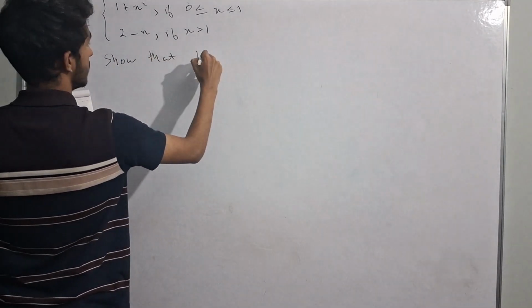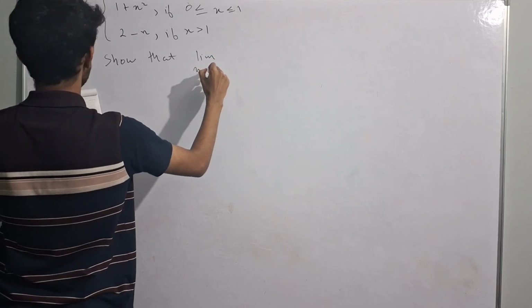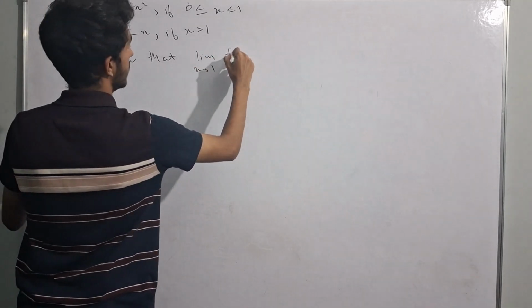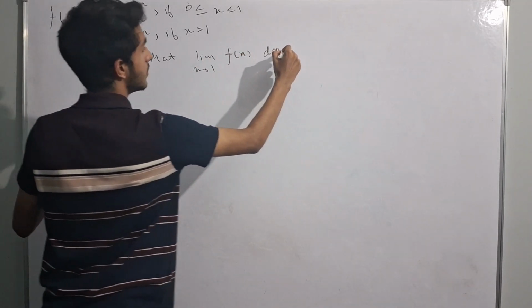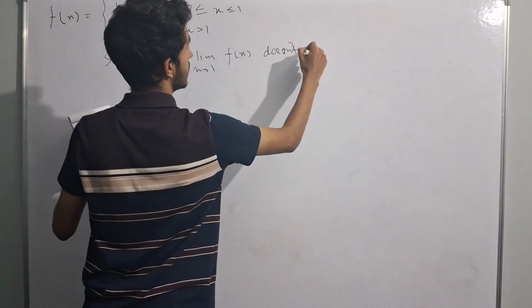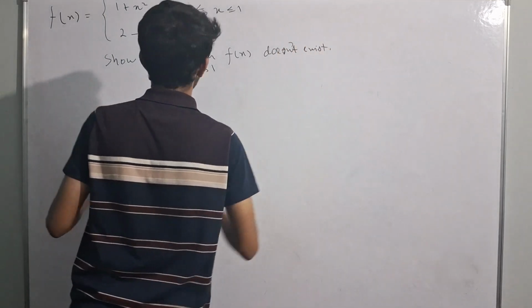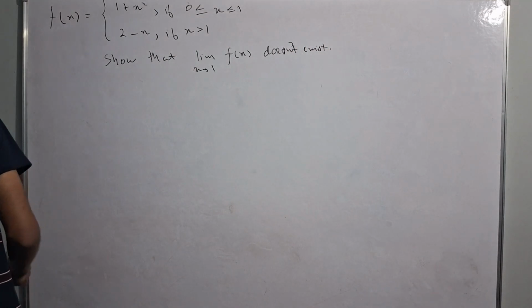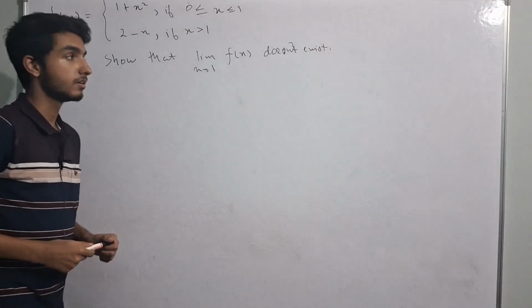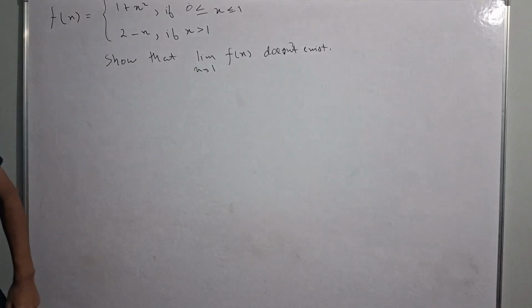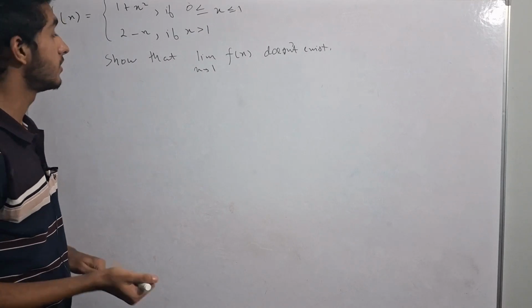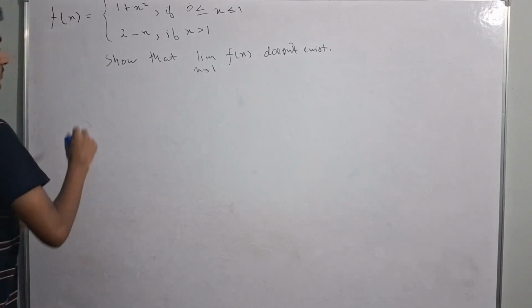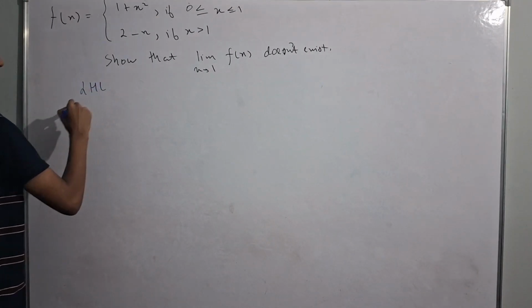Show that limit x tends to 1 of f of x does not exist. That means we have to show that the left hand limit is not equal to the right hand limit. So let's start with the left hand limit.